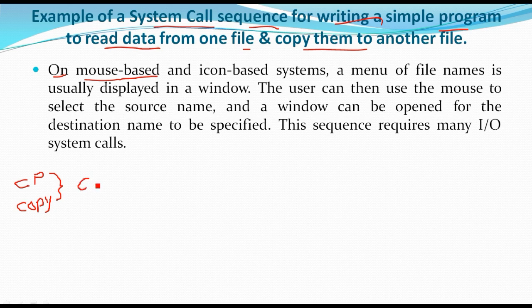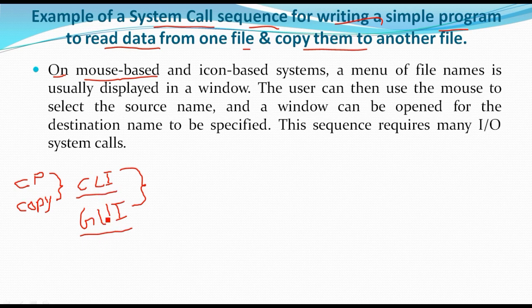We have two types of environment in the computer. One is CLI, another one is the graphical user interface. In the previous lecture, we had already discussed these two environments of the operating system. Either the operating system works in the CLI environment or the GUI environment.